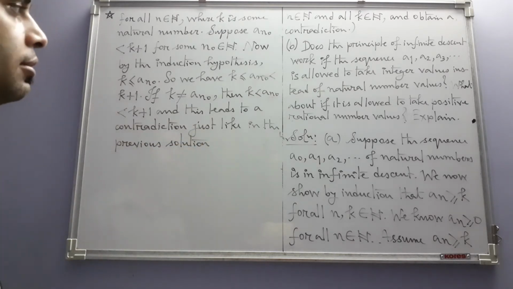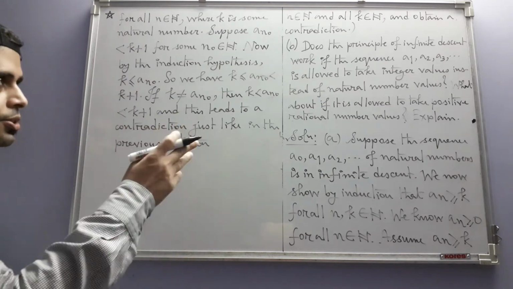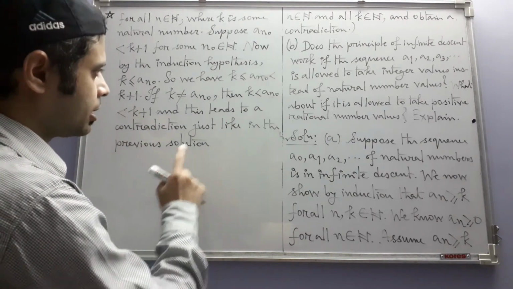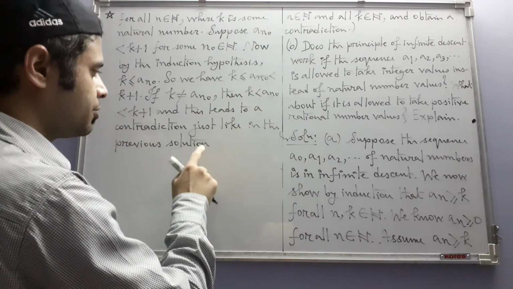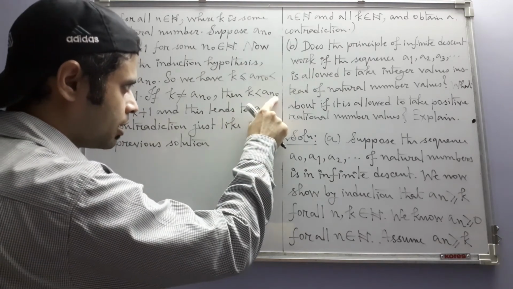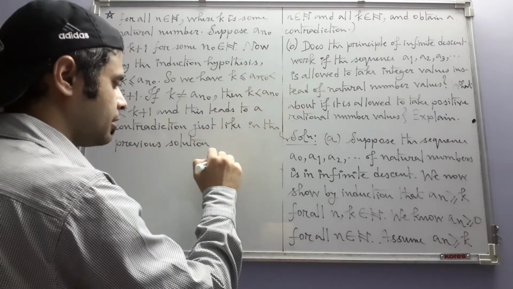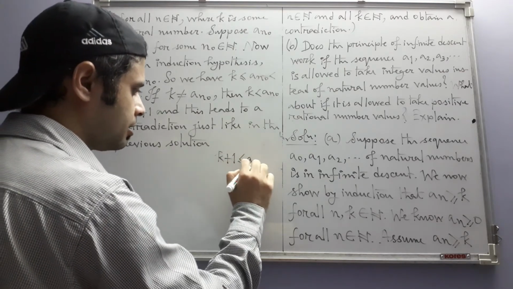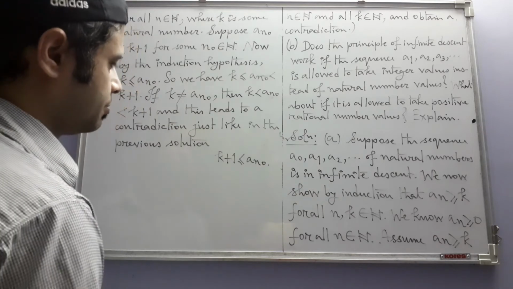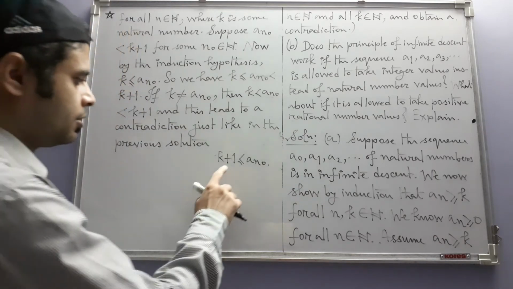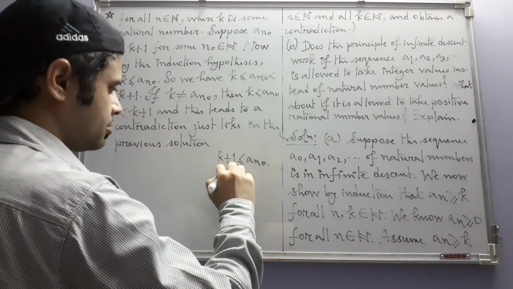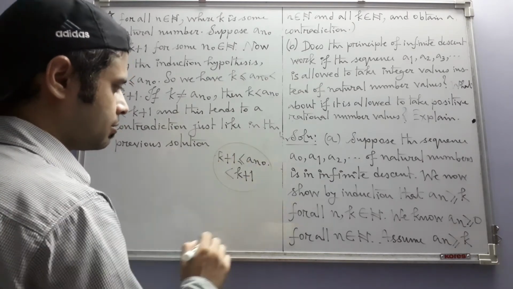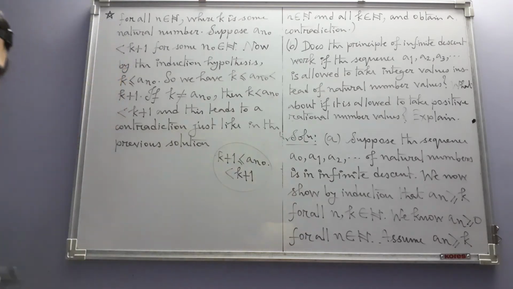Or if you want you can use that proposition again here. So here the contradiction will be obtained by applying that proposition to this inequality. This will tell us that the successor of k, which is k plus 1, will be less than or equal to a_n0. And since a_n0 is strictly less than k plus 1, you will encounter the contradiction that k plus 1 is strictly less than k plus 1.